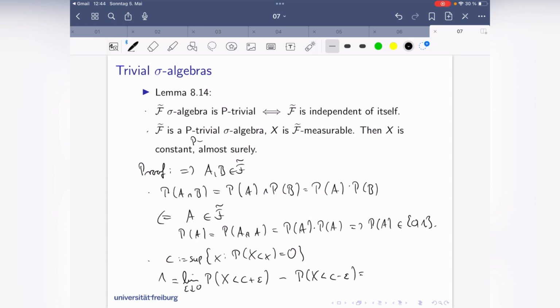But by continuity of the measures, all which remains is the probability that X equals c. And that means X is constant, almost surely.